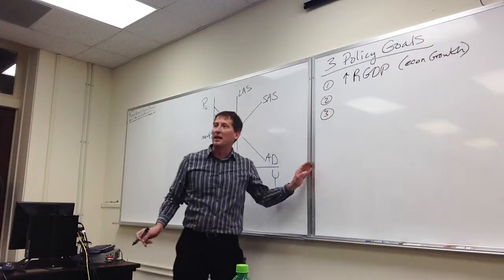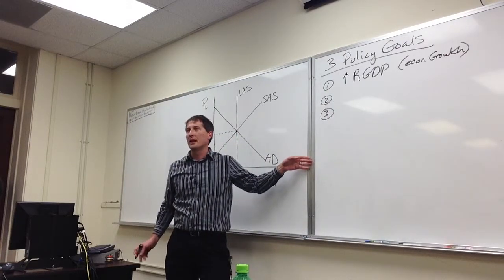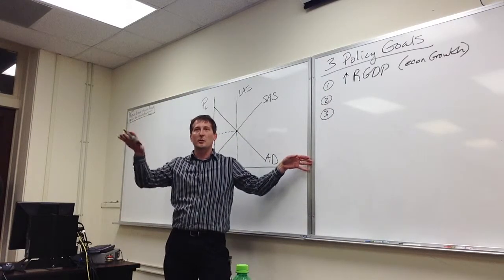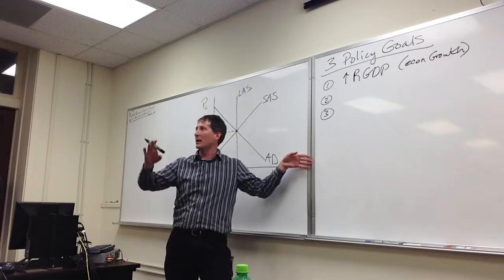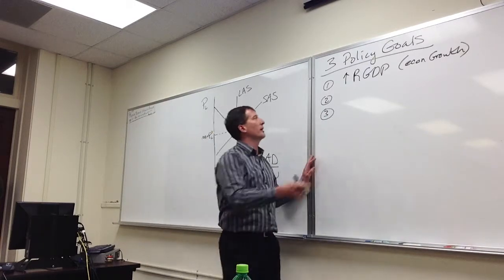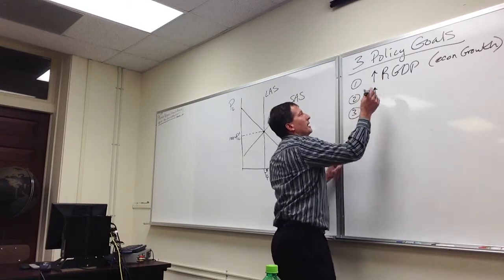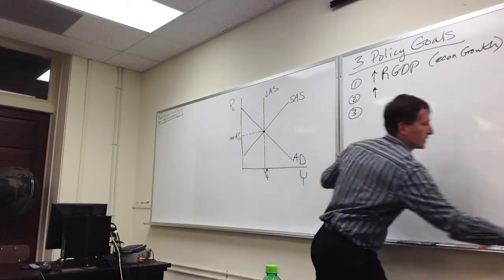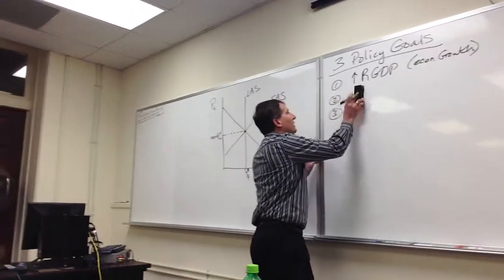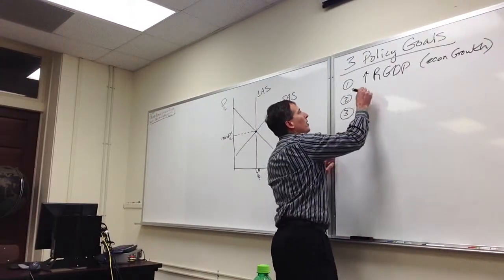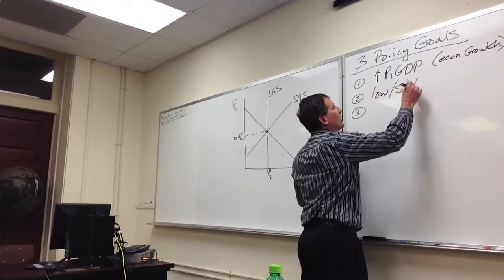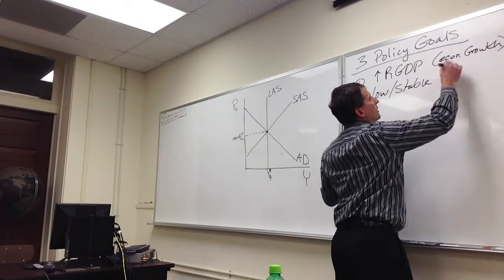What about inflation? Low and stable. So we don't want that one necessarily going up. We don't want to get into hyperinflation or other problems. So, low and stable inflation.